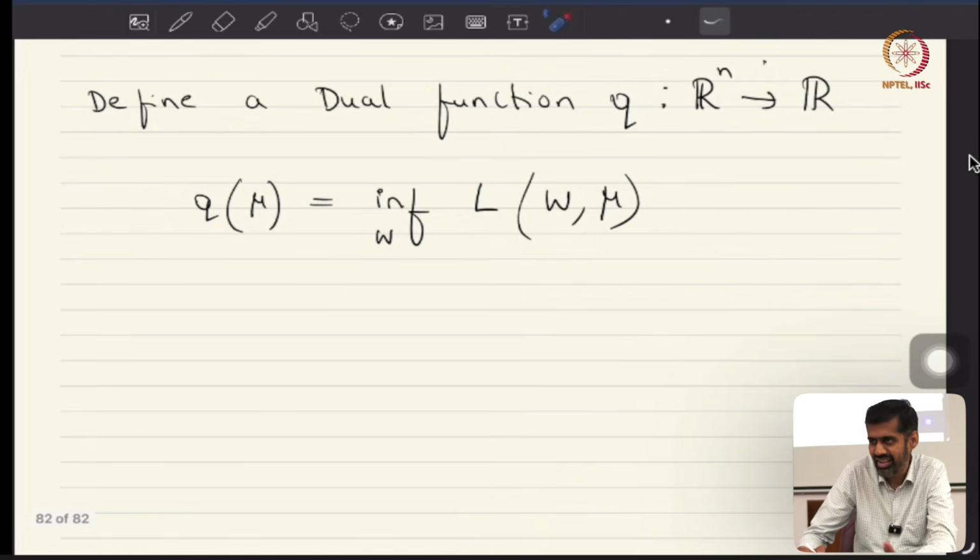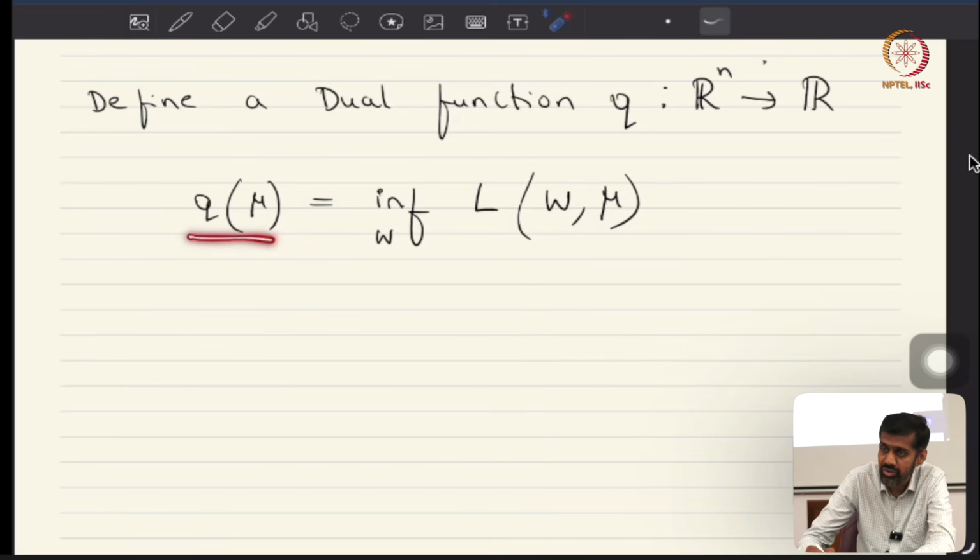Most of the problems, you can actually write this as a minimum if you can minimize this with respect to W, but the most generalized way of writing it is in terms of infimum. Now note that this becomes a function of mu. Why? Because we are optimizing with respect to W here. This function L is a function of both W and mu.